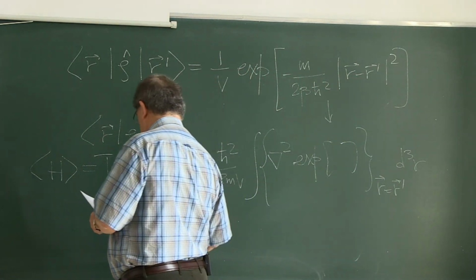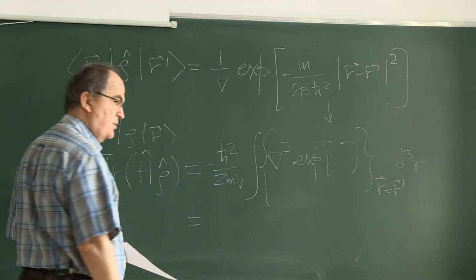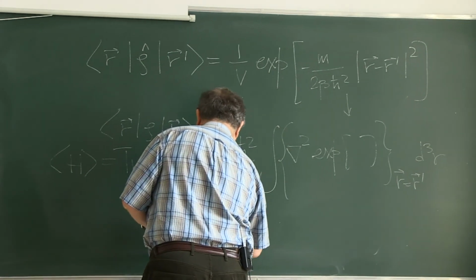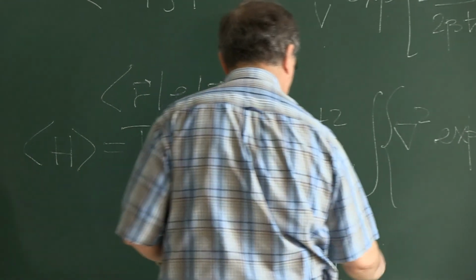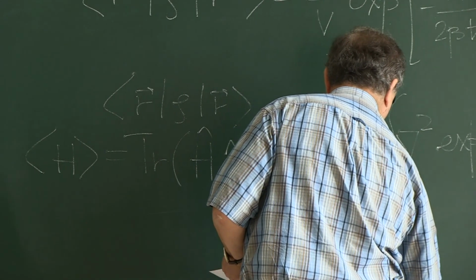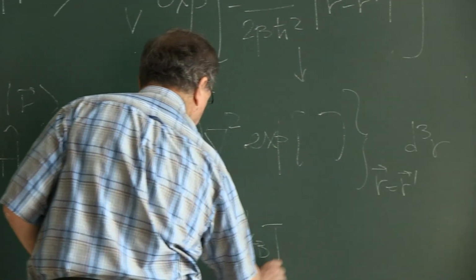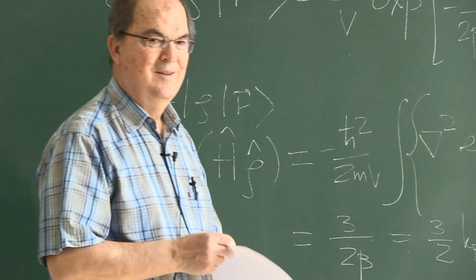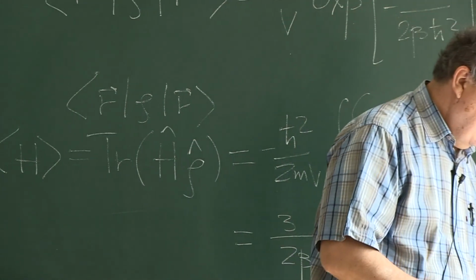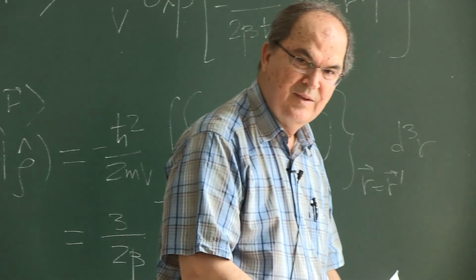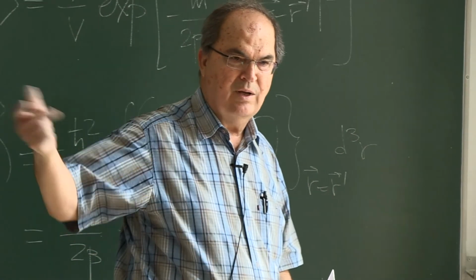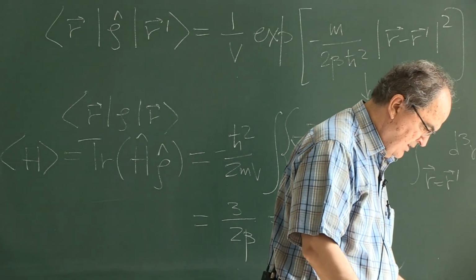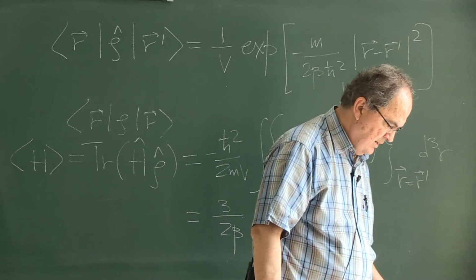This comes out to be, when r equals r prime, the exponentials will disappear, 3 over 2 beta, and it is 3 over 2 kBT. Is that what you expect? Yes, it is like a gas in a box. If you have n particles, you have 3 over 2 n kBT for the energy. For a single particle, it is exactly this.